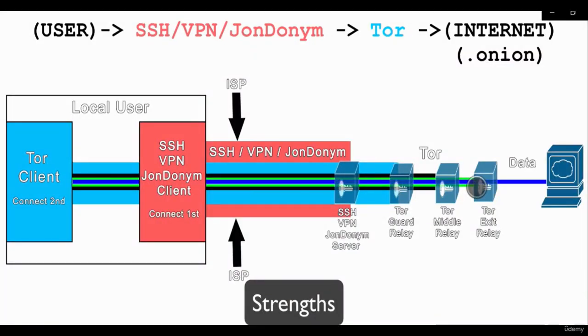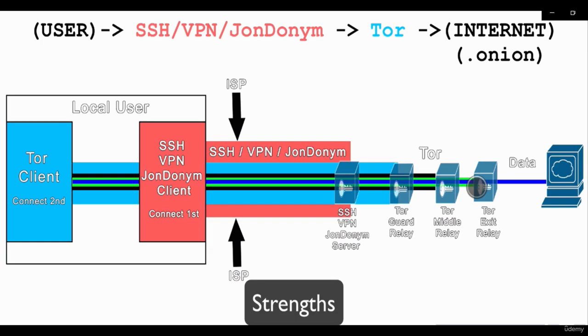So this is how an ISP helps a local user, VPN to gain data using Tor through the SSH VPN JonDonym server or Tor guard relay or Tor middle relay, Tor exit relay, then it gains this data.